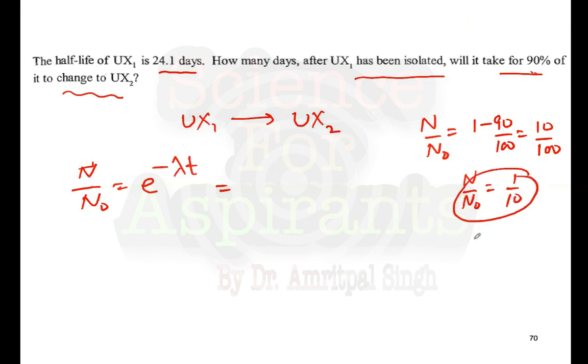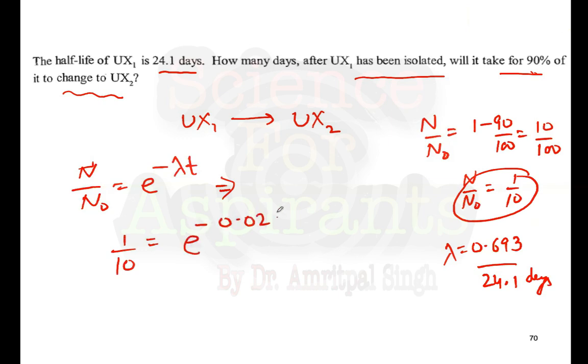So lambda you can also calculate. Lambda comes out to be 0.693 over 24.1 days, and putting the value in this equation, this comes out to be 1 over 10 equals e raised to the power minus 0.0287 times t.